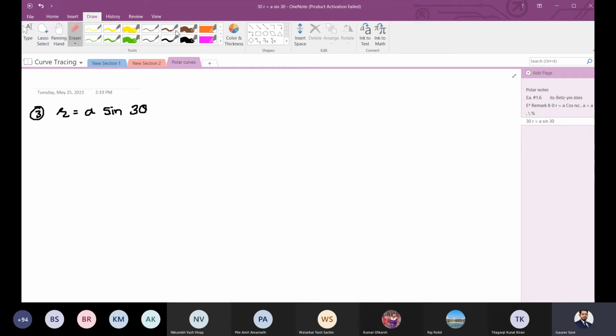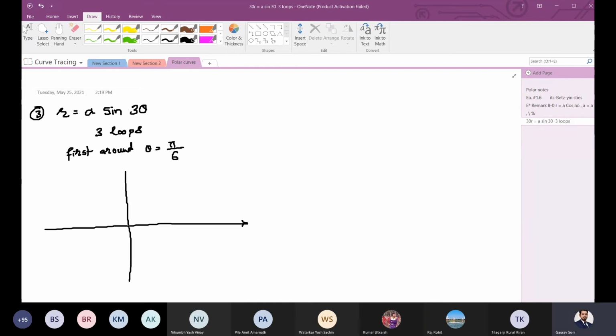Third one, r is equal to a sine 3 theta. How many loops? 3 loops are going to be there. The first one will be around theta equal to pi by 6. Let's draw the curve. Repeat the same line, theta equal to pi by 6. Then theta equal to pi by 3 is going to be there.